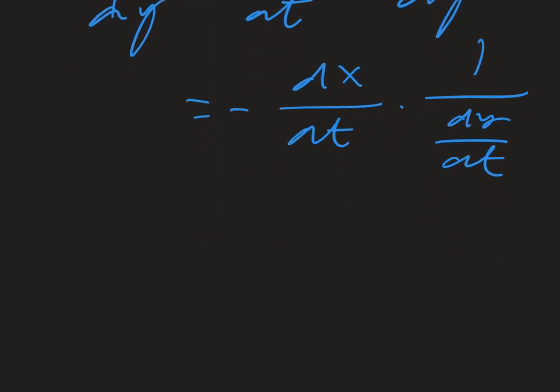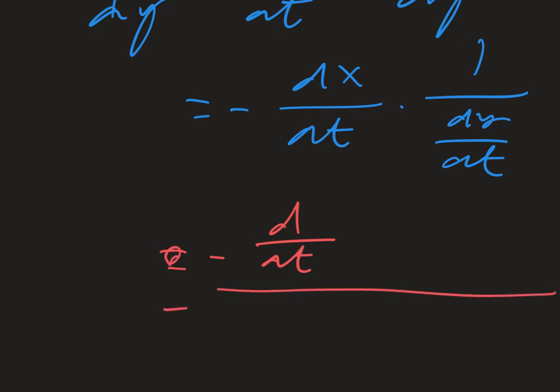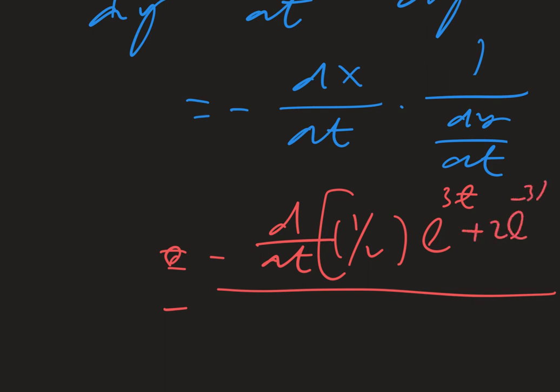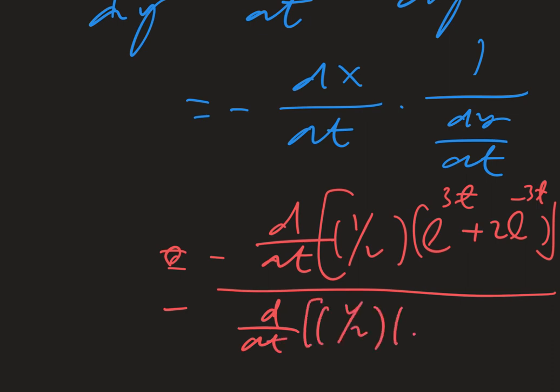So your x is half e^(3t) plus 2e^(-3t), differentiated with respect to t, and your y is 1 over 2 e^(3t) minus 2e^(-3t).